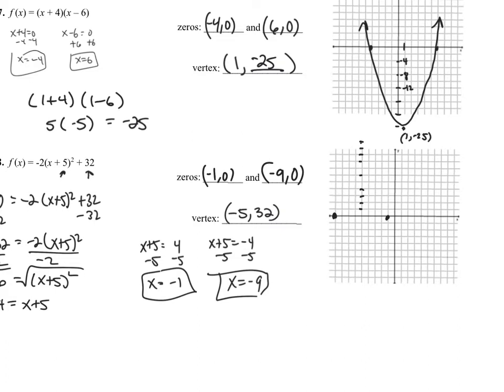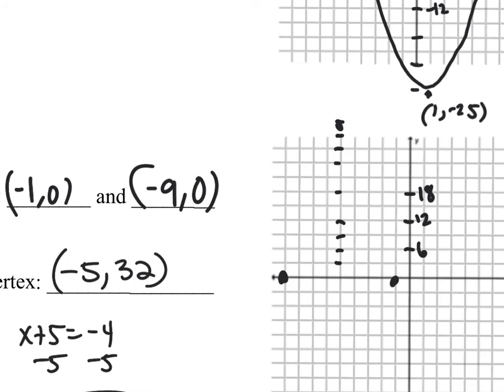So let's see, 3, 6, 12, 18, just so we can kind of see what the scale is on that. And then let me get rid of some of these tick marks. We don't really need them in here. All right, so our parabola is going to look something like this.